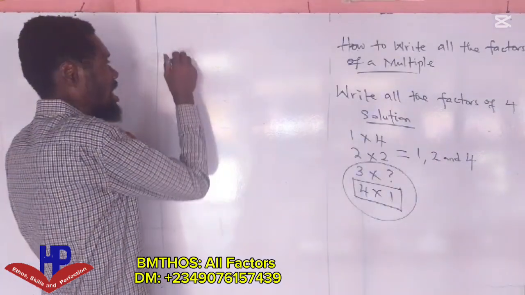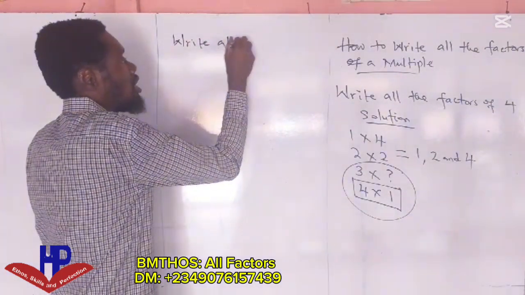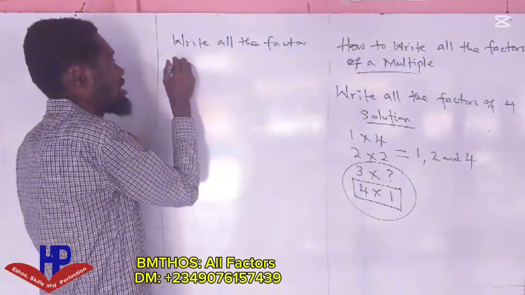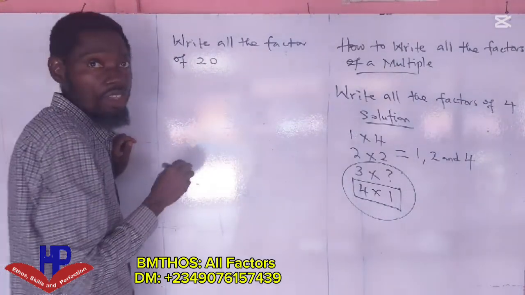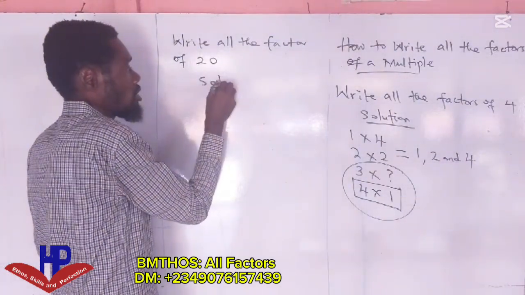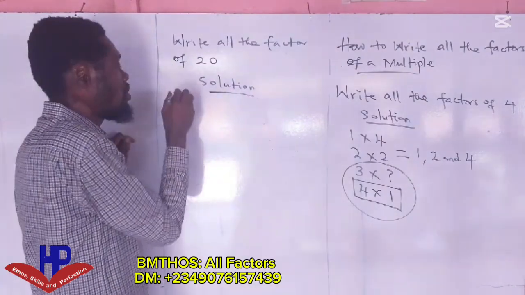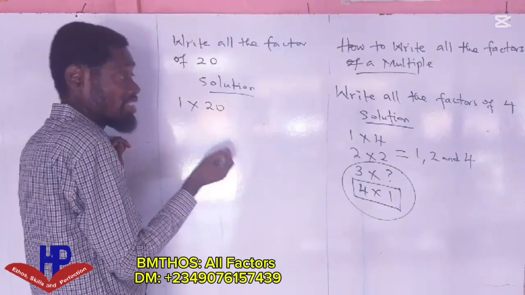Let's try another example. Write all the factors of 20. Solution. I said always start with 1. So we have 1 times 20 will give us 20.